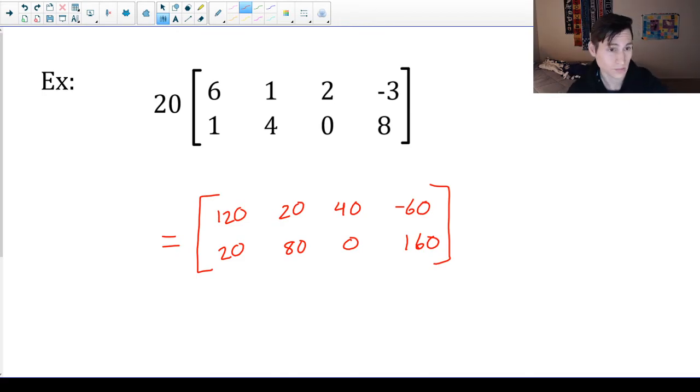Easy peasy. Right. Very intuitive. It's what you would guess.